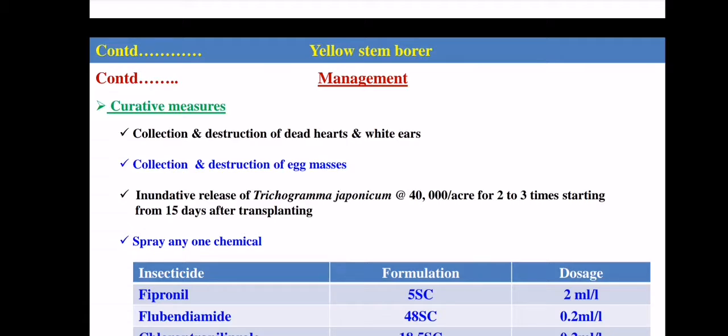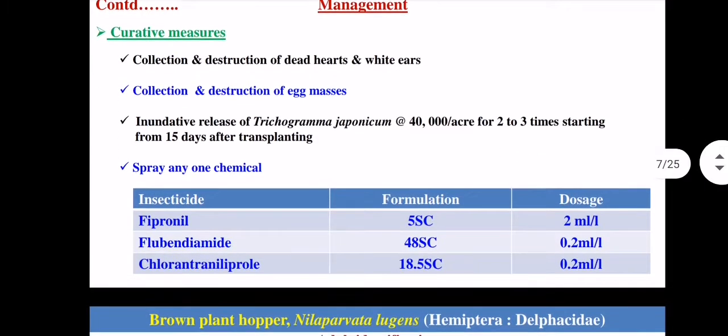If we talk about biological management, then you can do inundative release of Trichogramma japonicum at the rate of 40,000 per acre. If we talk about the different chemicals, how we can manage this insect pest with the help of chemicals, these are the recommended chemicals against the yellow stem borer: fipronil, chlorantraniliprole, or flubendiamide.